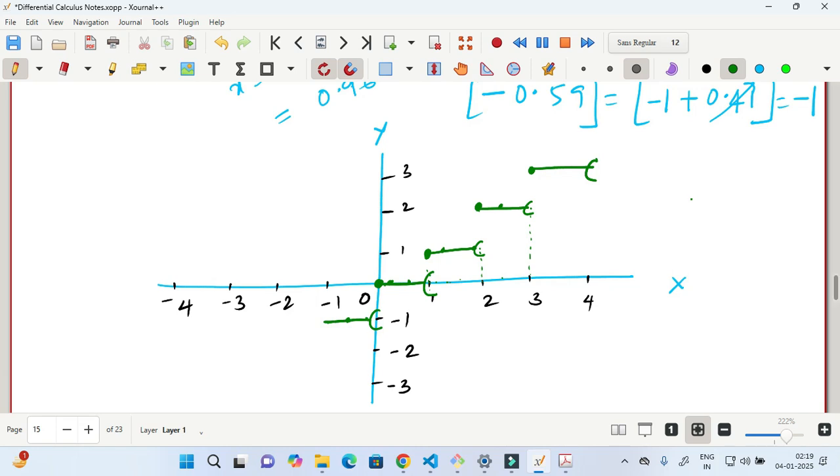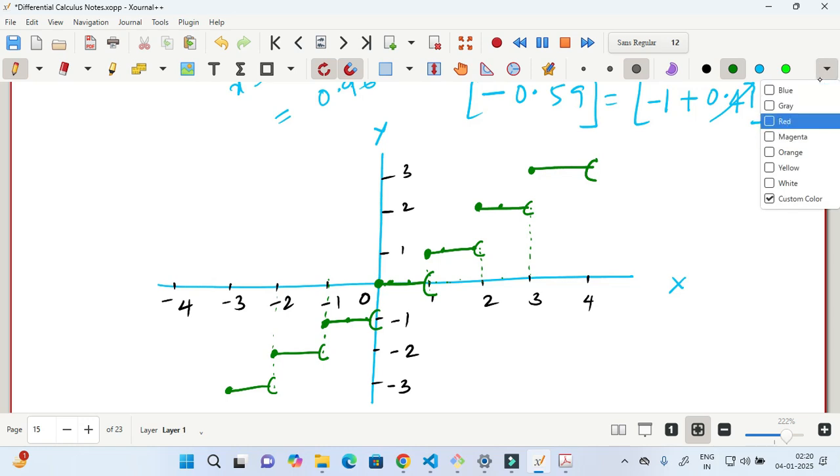It is straightforward till here. This is filled, again straightforward here. This is filled. Again here, this is open, this is filled. So if you observe here, just out of curiosity, I am drawing this one, in red color.